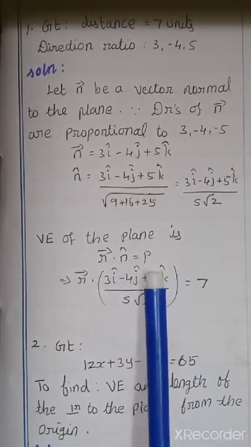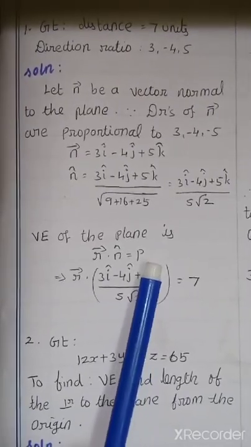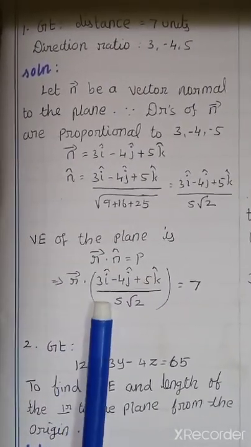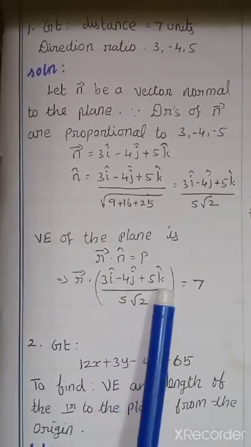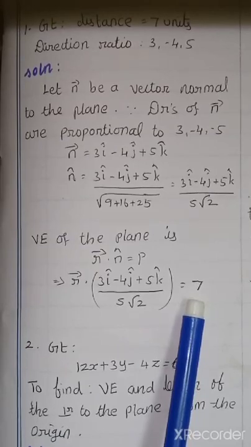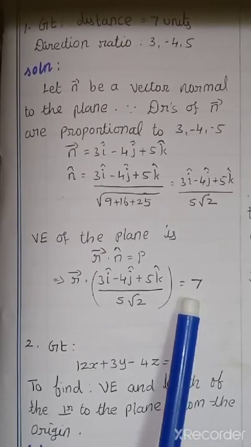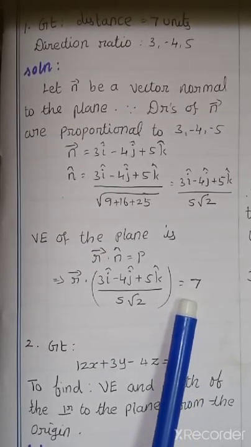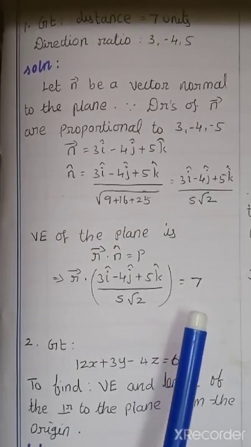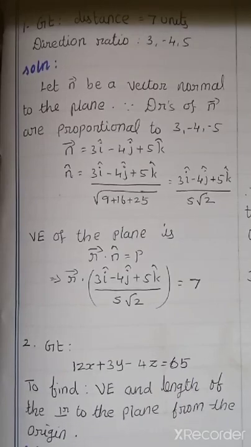P is the distance that is given, 7 in your question. So r vector dot 3i minus 4j plus 5k by 5 root 2 equal to the distance 7. So we completed our first problem. Is that clear? So in this first question, what are the things given? Distance and normal.